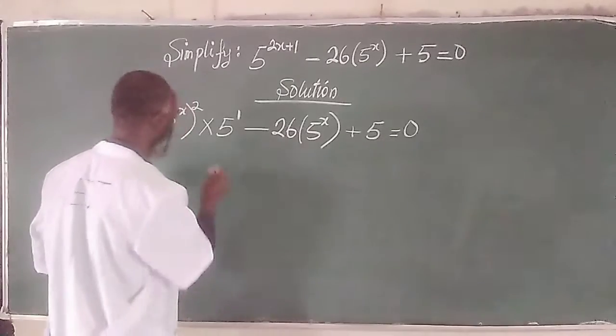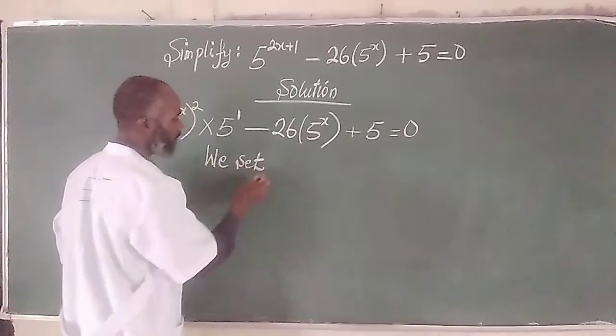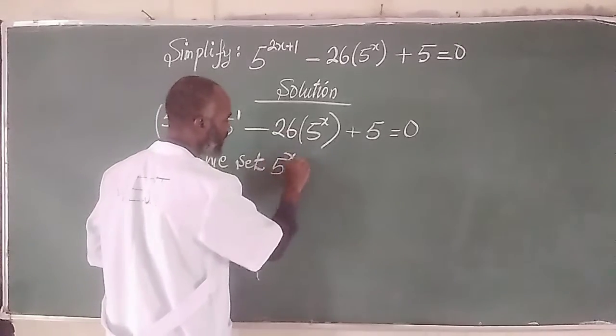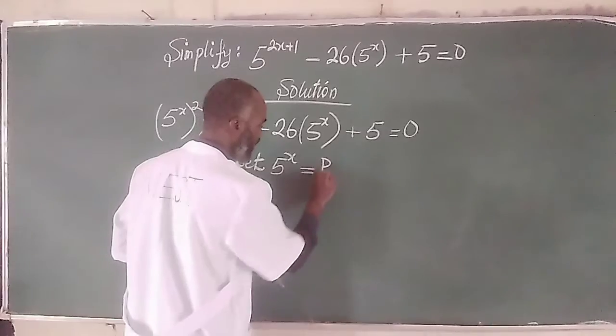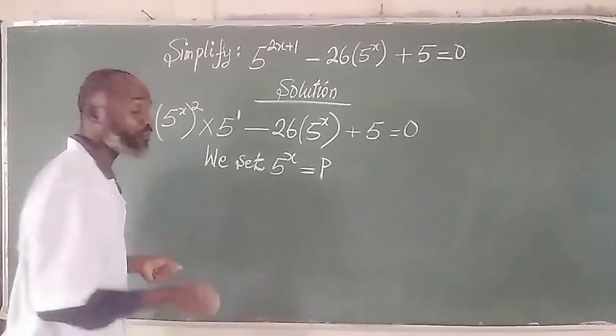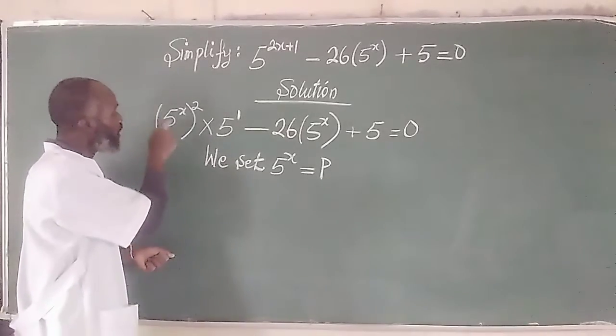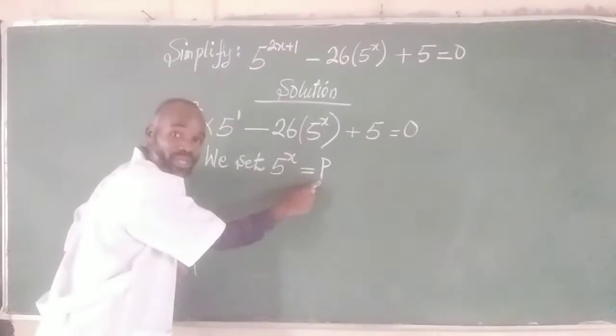So we set 5^x, maybe this time around we are going to use a p. Let p represent 5^x. It means wherever we have 5^x, we substitute with p. That's what it means.